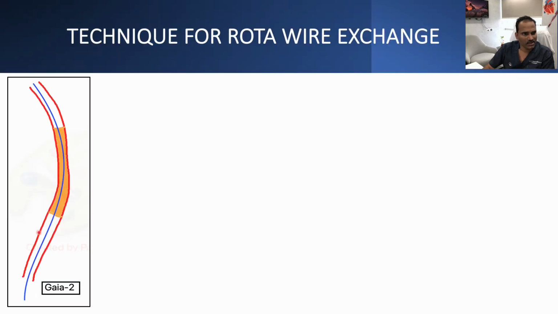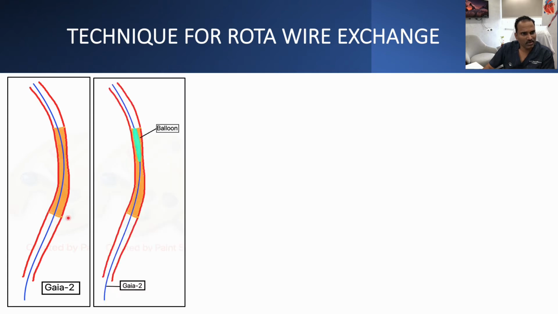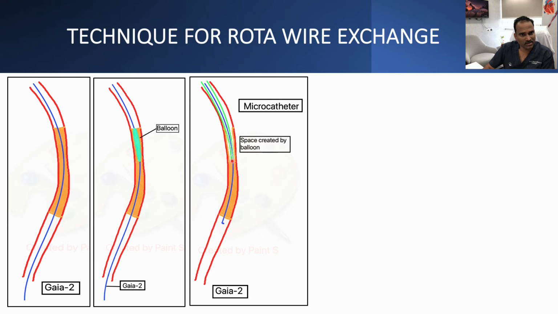So what we can do is, see, this is how the Gaia wire is across the CTO, and we could cross with a balloon up to the middle of the CTO, where we could create a space, and then we advanced the microcatheter, that is Corsair, into the mid CTO. And now we have to exchange to the rota wire.